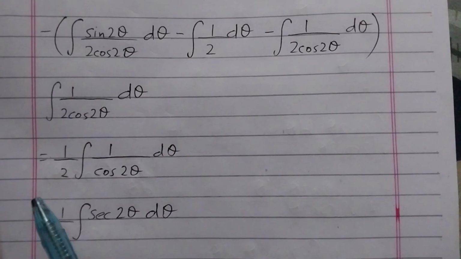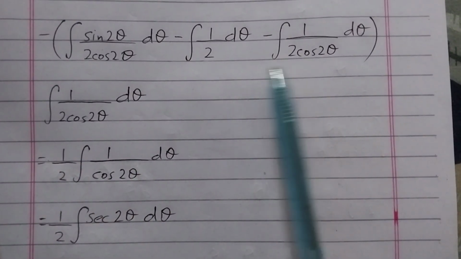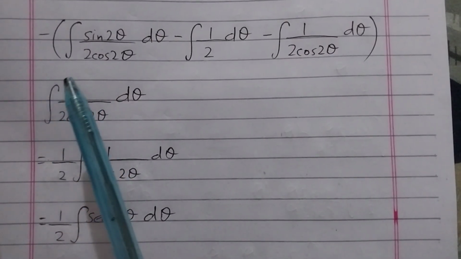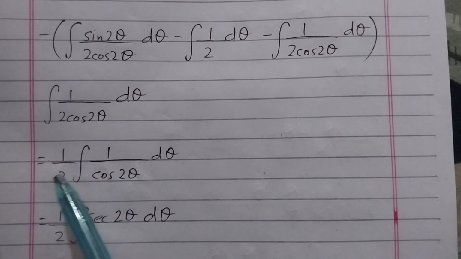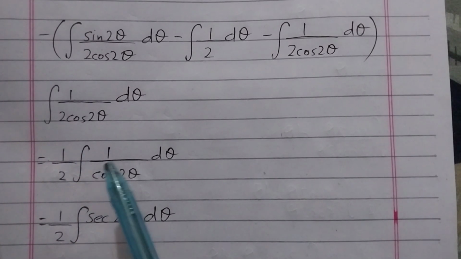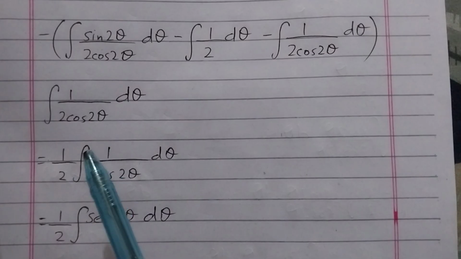So we'll be integrating this integral firstly, 1 over 2 cos 2 theta, and this 1 over 2 can be moved outside the integral. Now we get the integral of 1 over cos 2 theta d theta, and 1 over cos is basically secant.